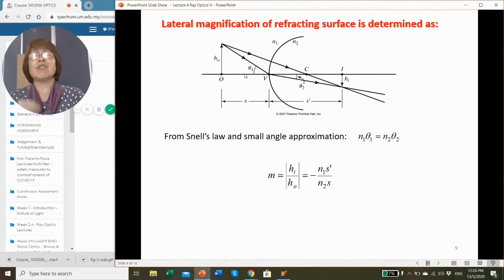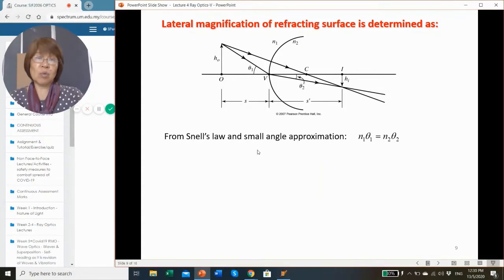Okay, so from Snell's law, we will have n1 sine θ1 equals n2 sine θ2. So the small angle approximation will give us n1 θ1 equals n2 θ2. And from here, since θ1 is a small angle, it can be approximated to its tangent, that is h0 over s. Over here, θ2 can be approximated to hi over s prime.